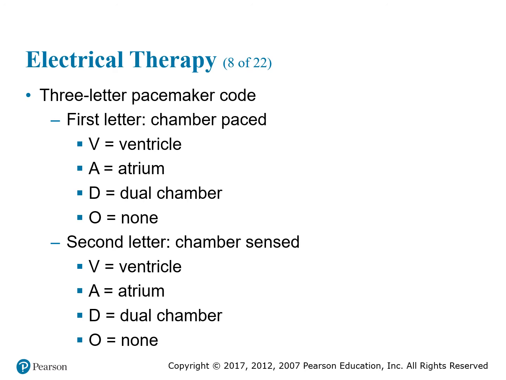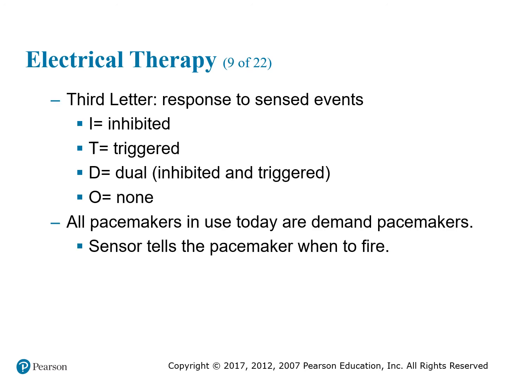We have the ventricle, the atrium, dual chamber, or none. Then you have the second letter, which is the chamber sensed: the ventricle, the atrium, dual chamber, or none. The third letter is the response to the sensed event. Is it inhibited? Is it triggered? Is it dual, which could be inhibited or triggered, or is it none?